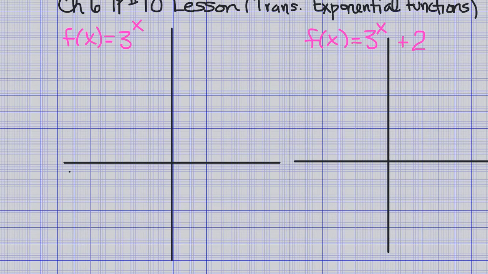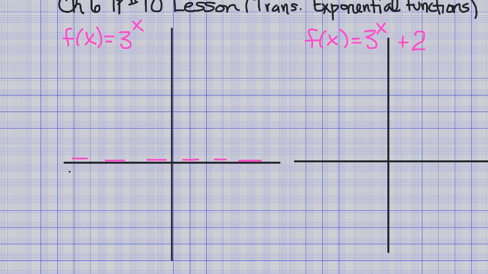Today's lesson is how to transform exponential functions. So let's start with the parent graph, f of x is equal to 3^x right here, and the base is 3, and so we know that there will be an asymptote on the x-axis because 3 to the anything is never 0.